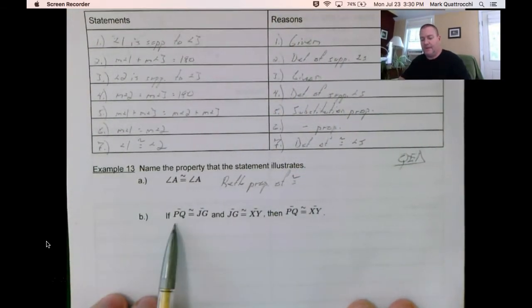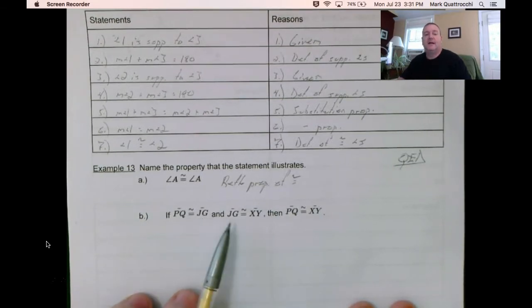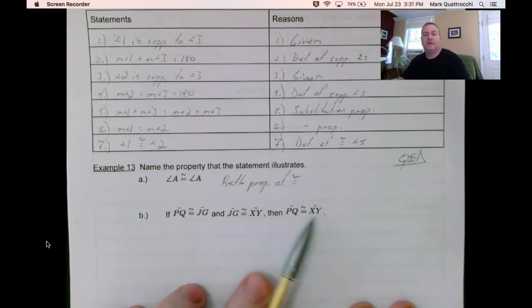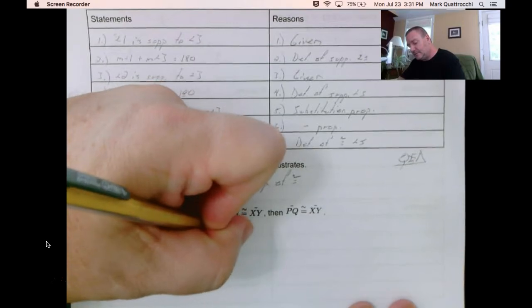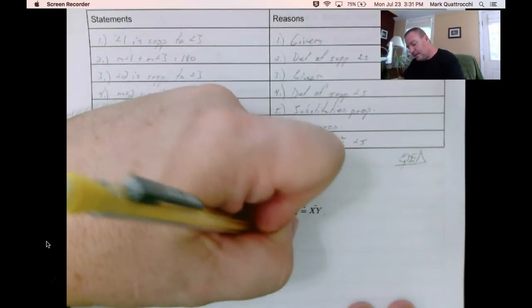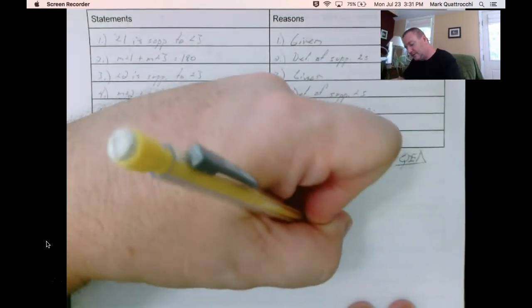Part B. If segment PQ is congruent to segment JG, and segment JG is congruent to segment XY, then segment PQ is congruent to segment XY. This is the transitive property of congruence.